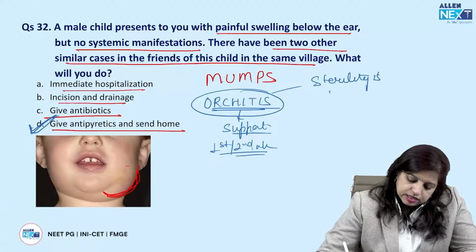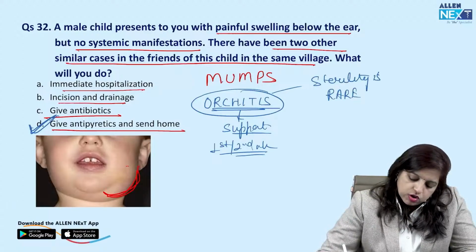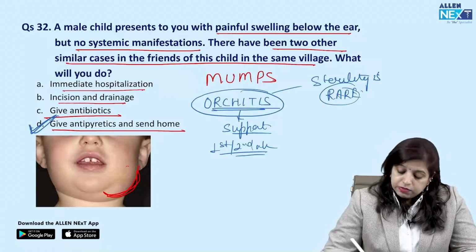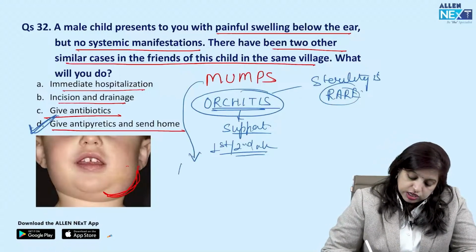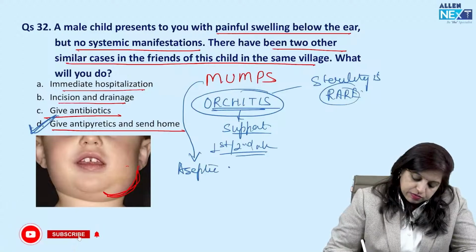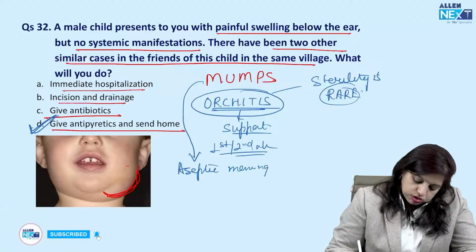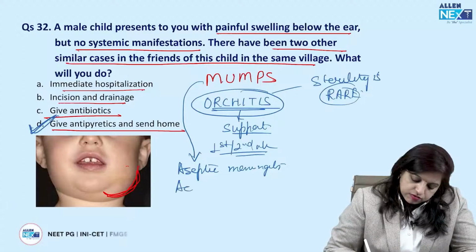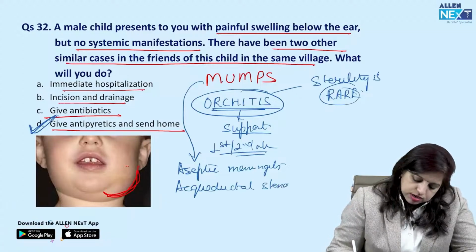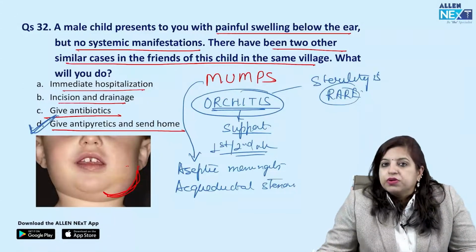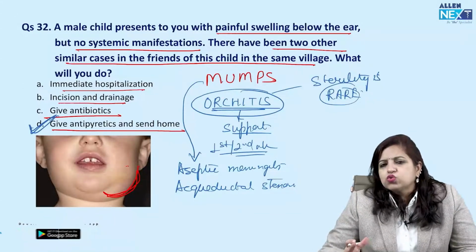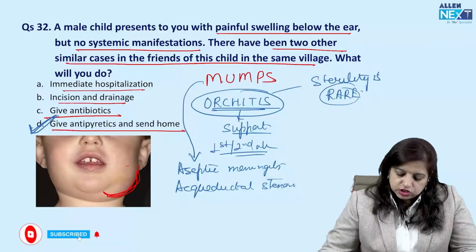Important, sterility is not usually seen as a result of orchitis. Of course, you should always remember mumps is one infection which can also give rise to aseptic meningitis. Remember all this, and also remember mumps is one infection which can give rise to aqueductal stenosis resulting in hydrocephalus in the brain, right? So these are a few pieces of information about mumps infection you should be knowing.